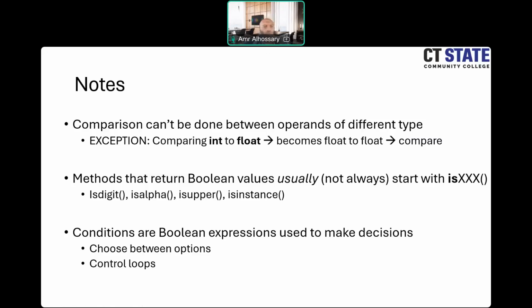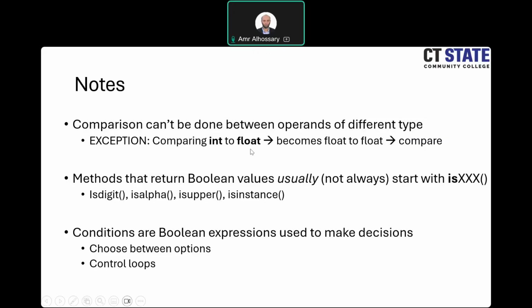Finally, I give you some notes. Comparison. Any comparison cannot be done between operands of different types. So you cannot compare a Boolean to an integer or float, except for one exception, which is comparing integer to float.